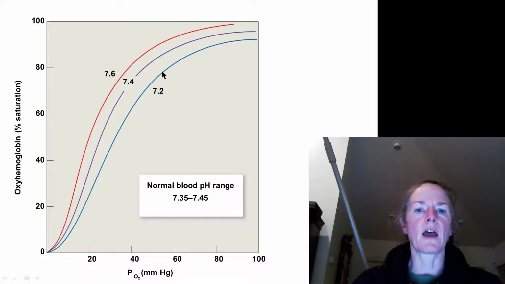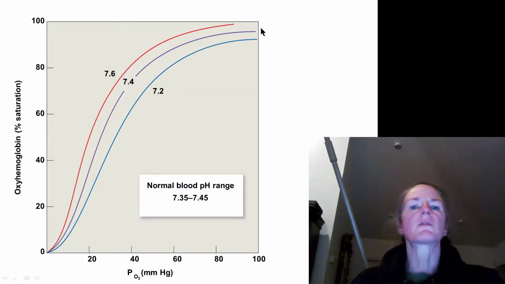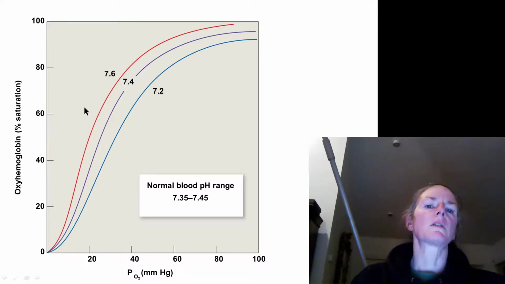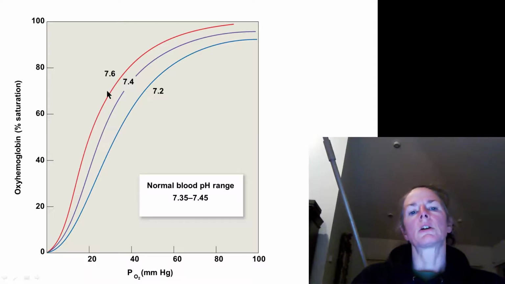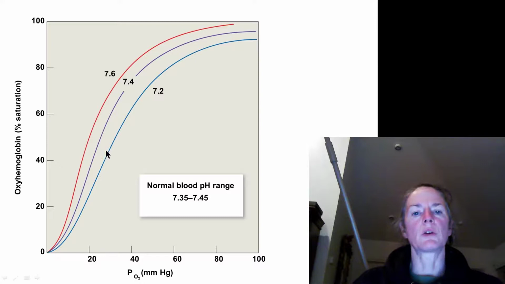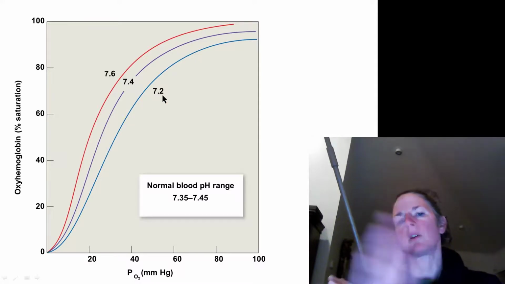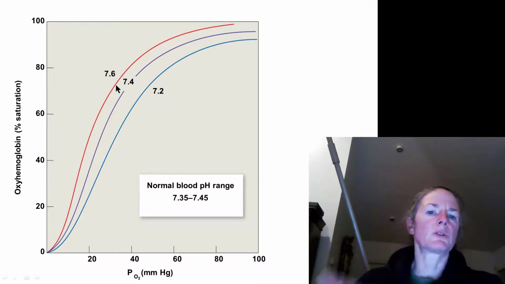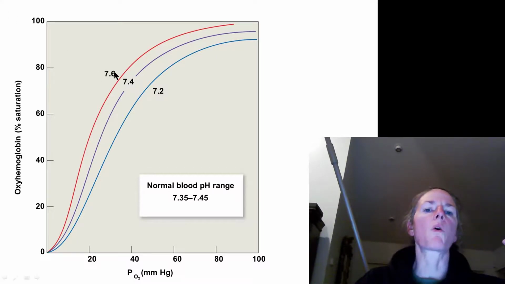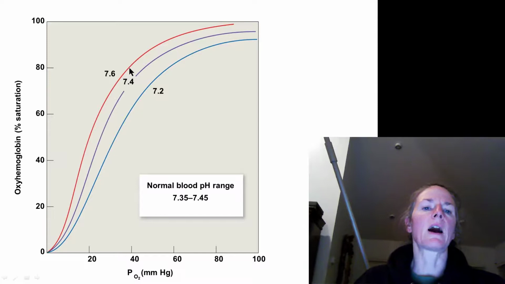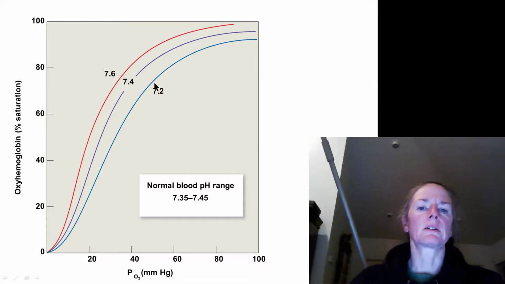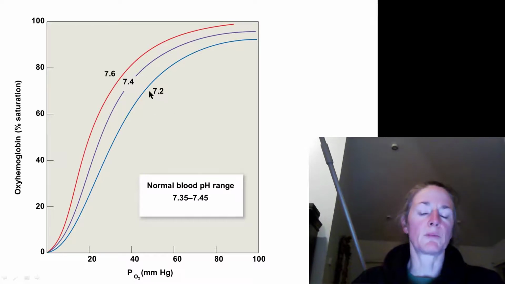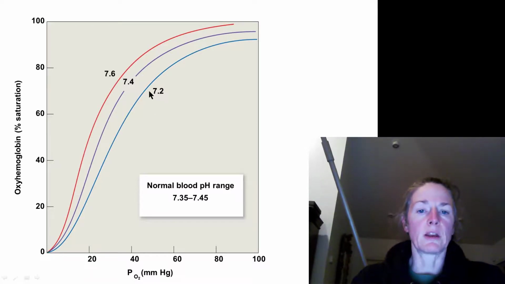So you can see that we're shortening the curve. We're shifting it with pH changes. With the lowering of pH, we shift the curve to the right, and as we raise the pH, we shift it to the left, so that we have more oxygenation with higher pH and less oxygenation with lower pH, because the low pH is going to be around tissues that need more perfusion.